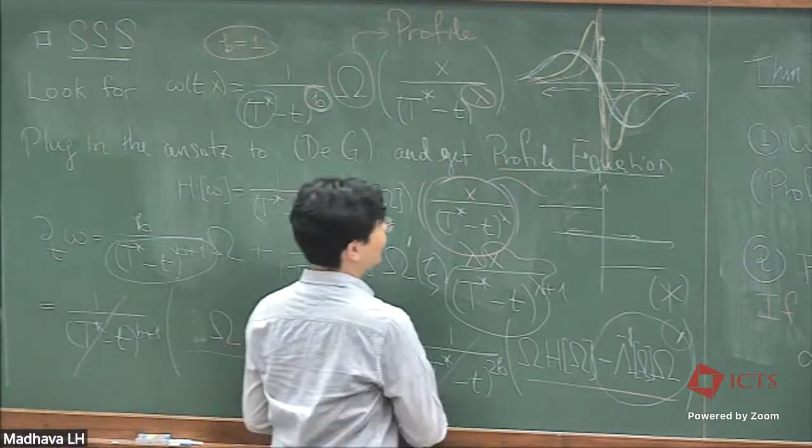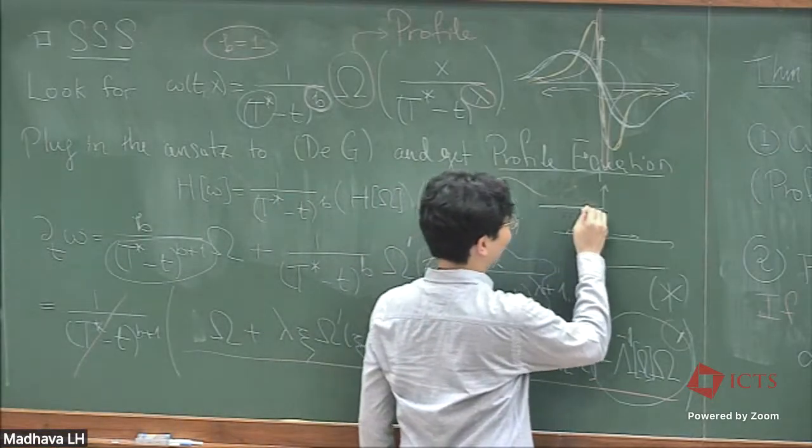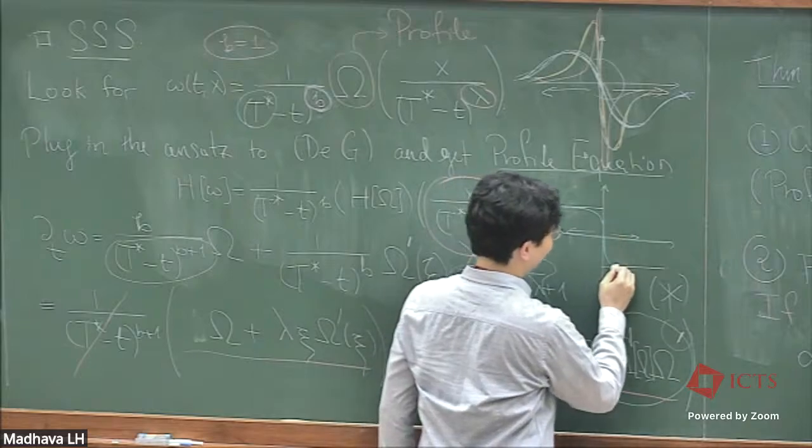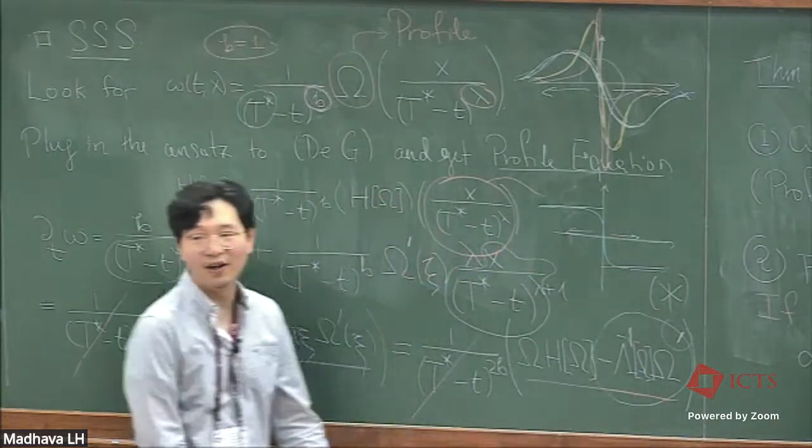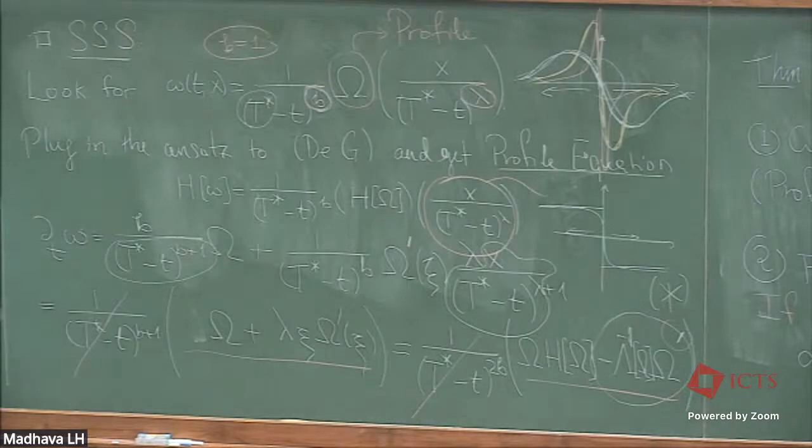So if you slightly regularize the Heaviside in a way that it is C alpha, now transport is order alpha. That's it.